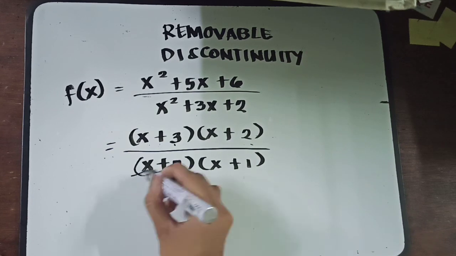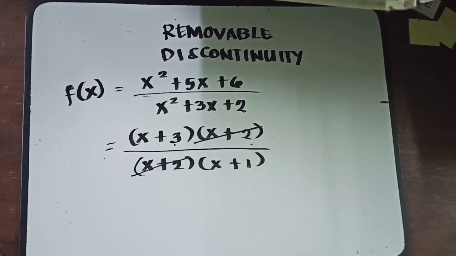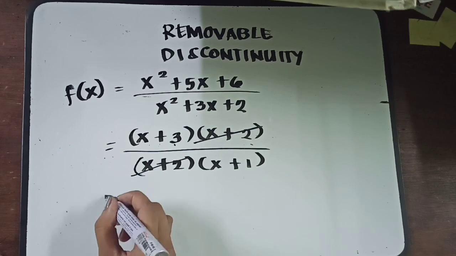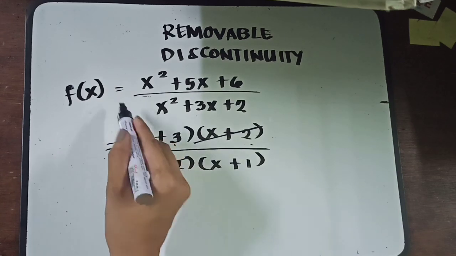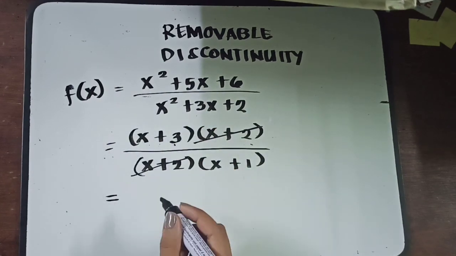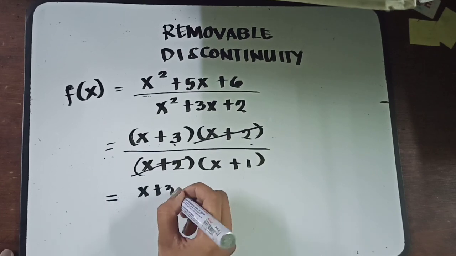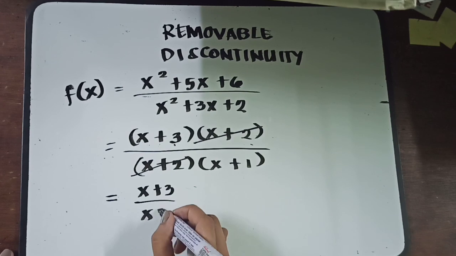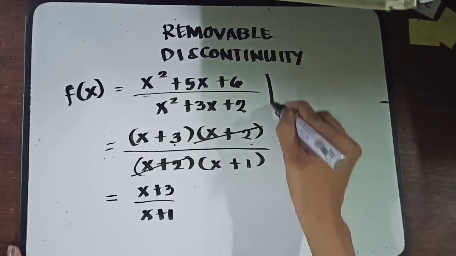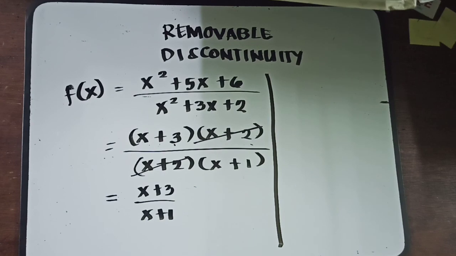Okay, so meron akong pwedeng i-cancel. So that is x plus 2. So the simplest form of this rational equation, rational function, is x plus 3 over x plus 1. So we're going to find the removable discontinuity. So meron tayong nakuha na common factor.